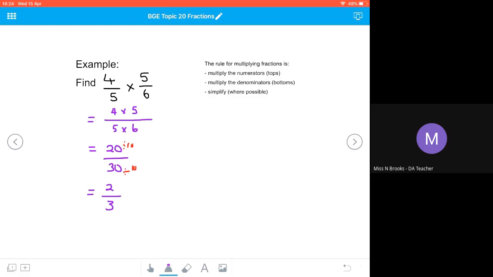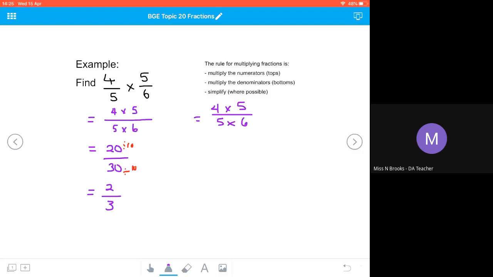Now there is an alternative method, because some of you may have realized, if we go back to the first step, that we have a common 5 in our working out. So let's just write our working out again over here. If you have a common factor in any term on the numerator and any term you're multiplying on the denominator, then you can do what's called cancelling down, or you can simplify after the first step.